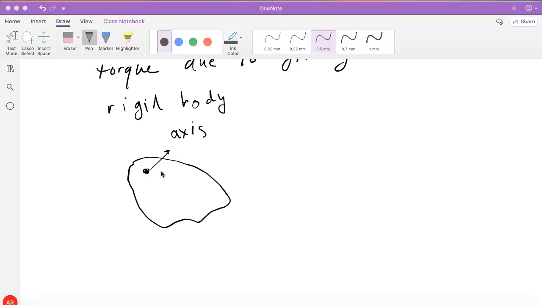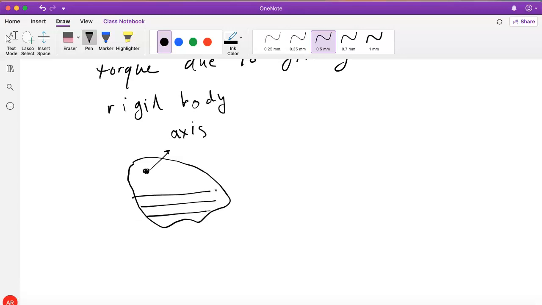Again, the picture is we can divide this rigid body into many tiny pieces, and each tiny piece is at some point almost. So let's do that.